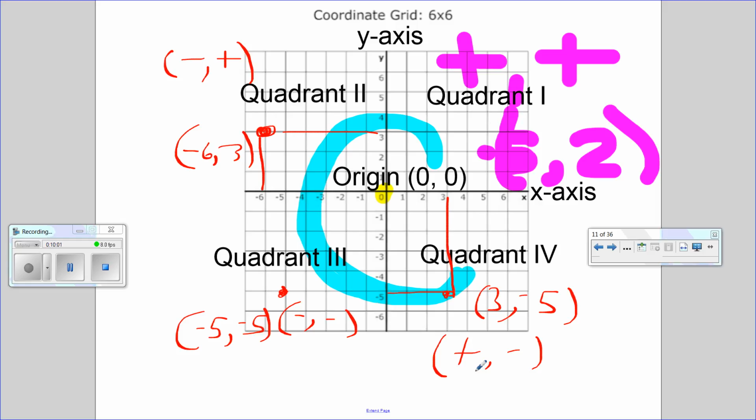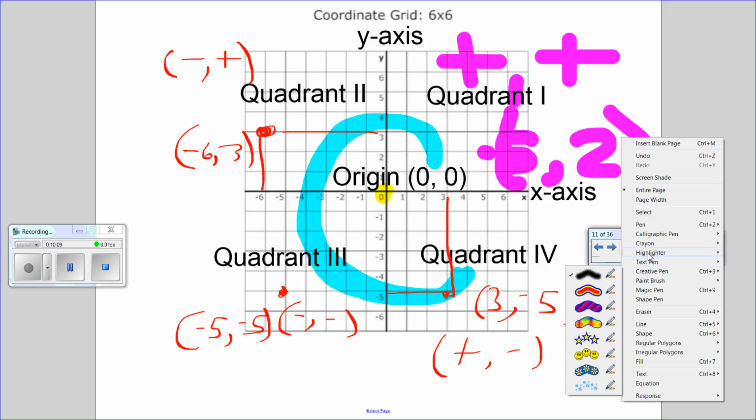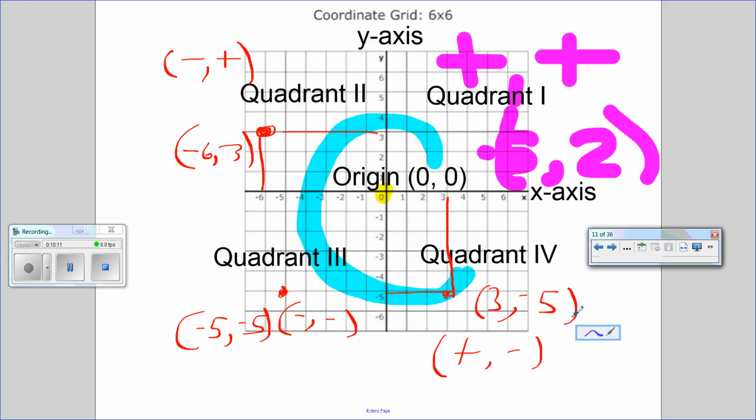Kids have a good time with that one, are okay with that one. This is where kids mess up. What happens if you have a point that is located right here, right exactly here? Which quadrant would that be on? So first of all, let's find the location of this ordered pair.